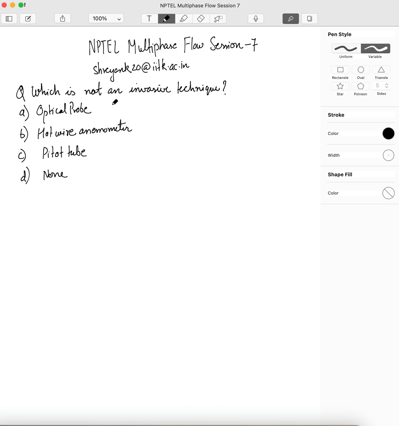So basically we have to choose which of these is not an invasive technique, which means we want to select the non-invasive technique.